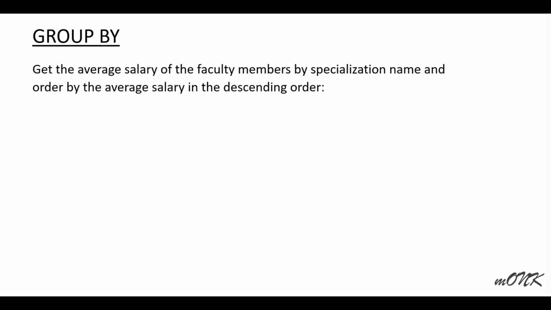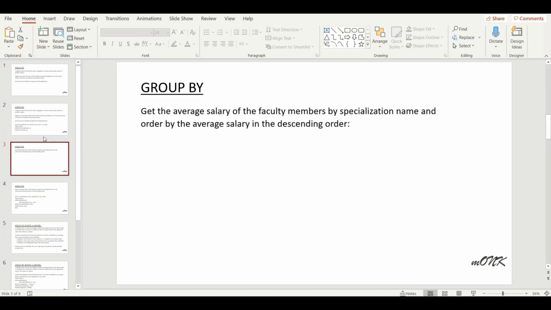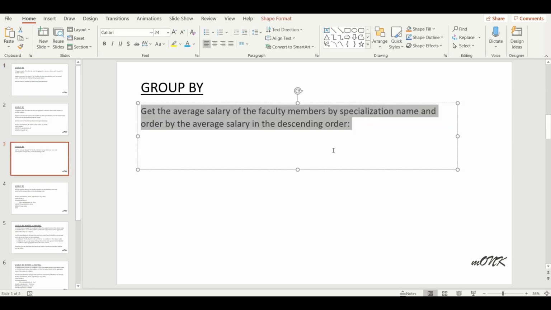Get the average salary of faculty members by specialization name and order by average salary. Once again let's go to pgadmin. Before that, let's copy the question.